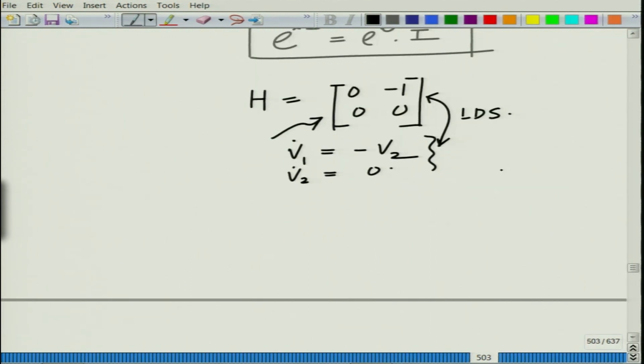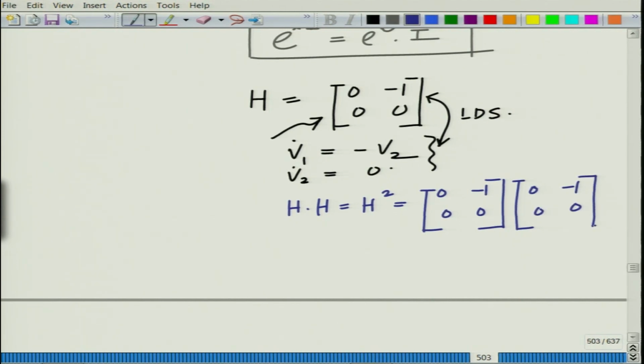Now, if you look at this, H times H equal to H square, which is basically equal to 0 minus 1 0 0 times 0 minus 1 0 0 equals 0. So, this implies H cube equal to 0, H 4 equal to 0, so on. This implies H n equal to 0 for n greater than or equal to 2.